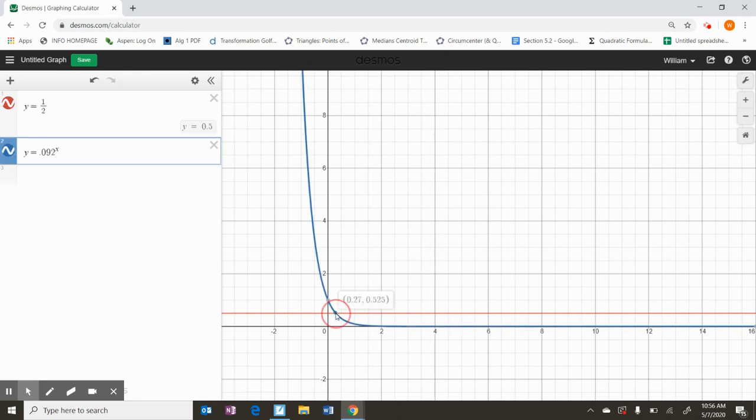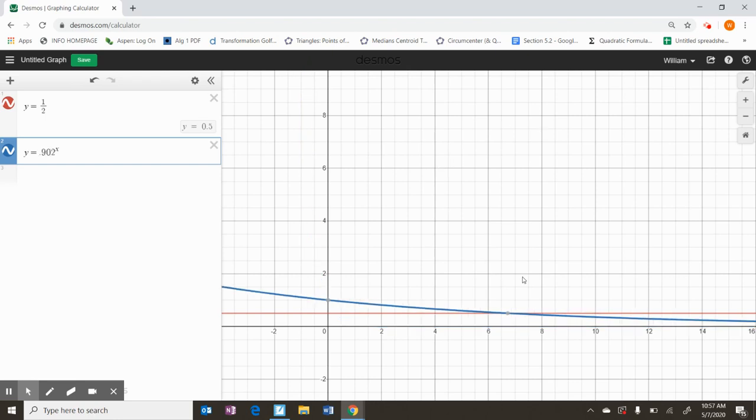So we'll click on the graph and you will see 0.291. Is that the right spot? Oh, you know what I did up here? I'm sorry, this should be 0.902. All right, that's better.